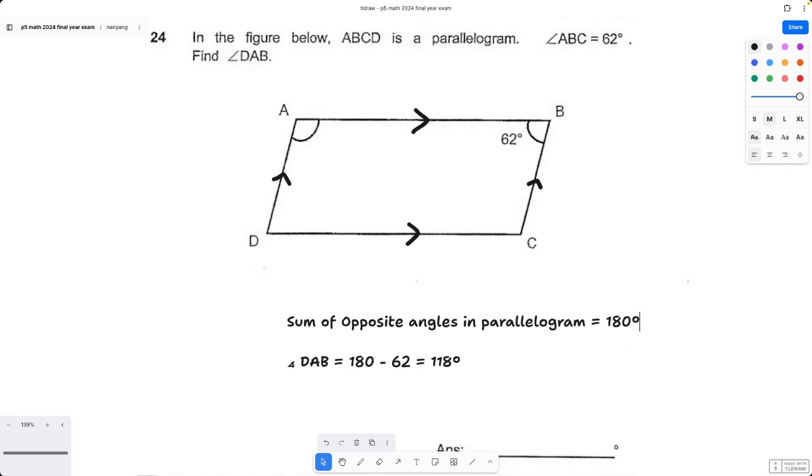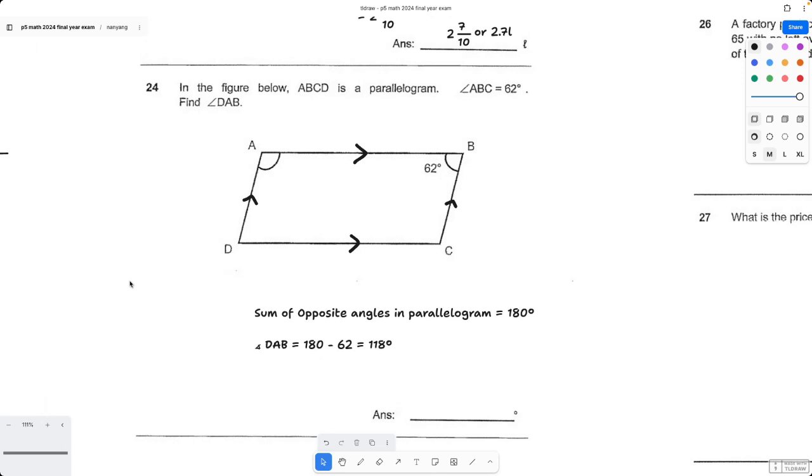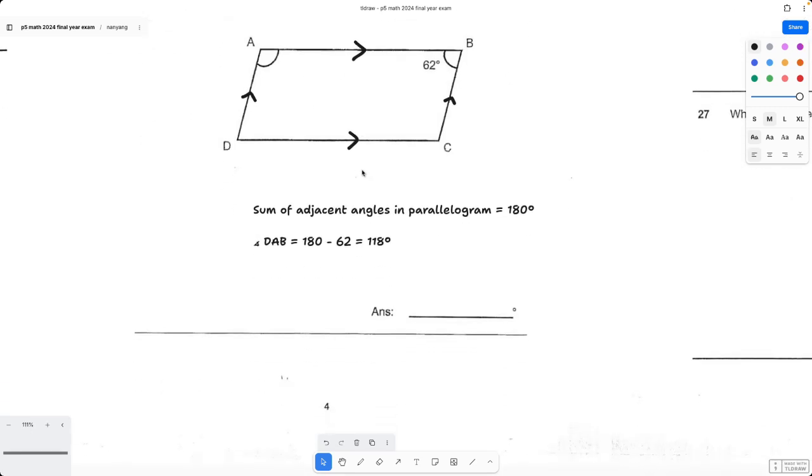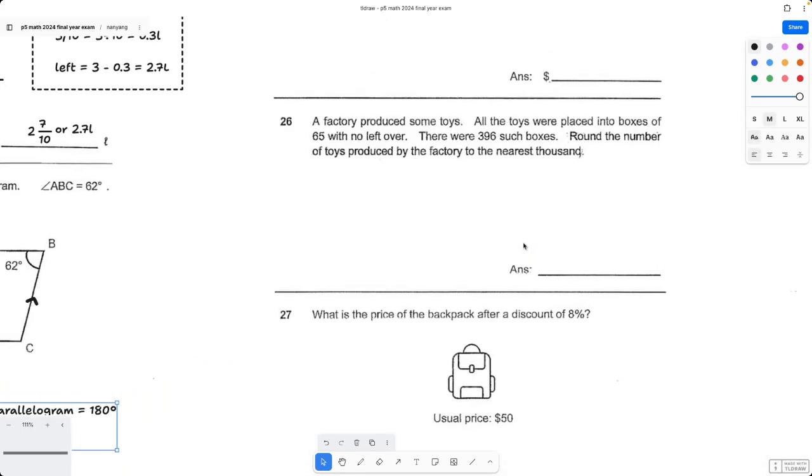It's not opposite, it is adjacent. And there you go. So the answer to this is 118. All right, let's move on to the next question.